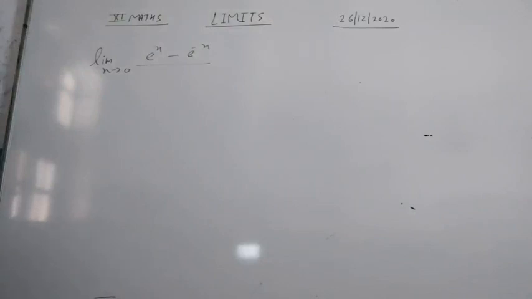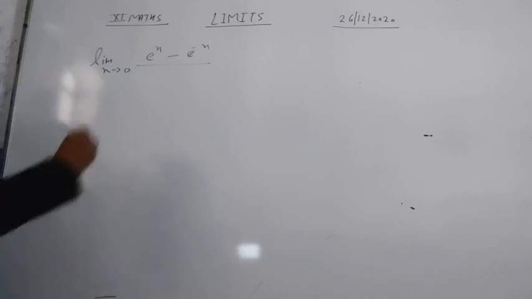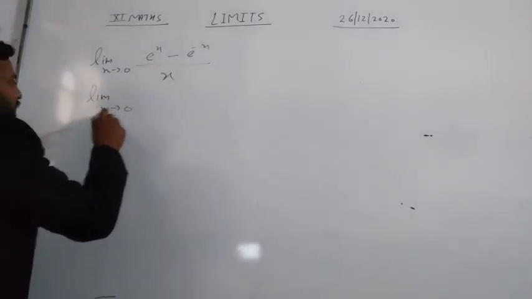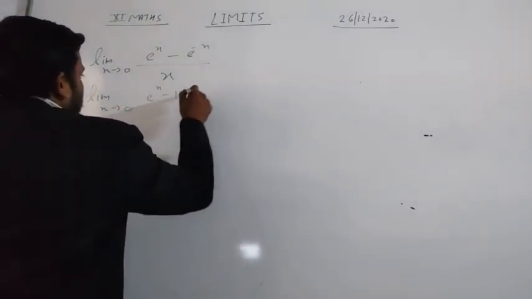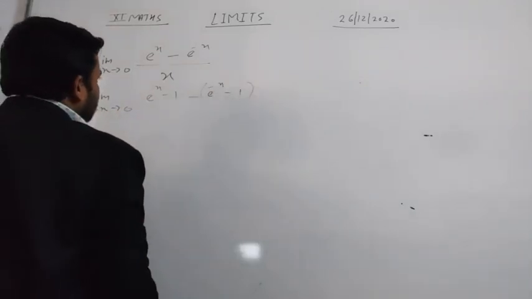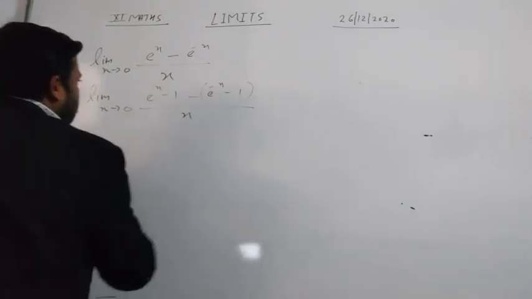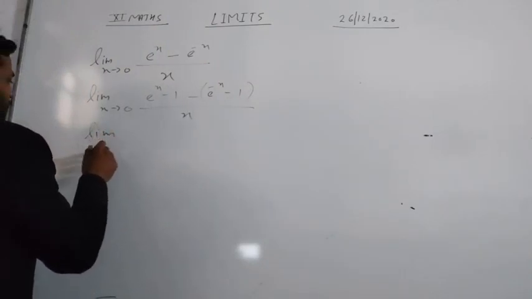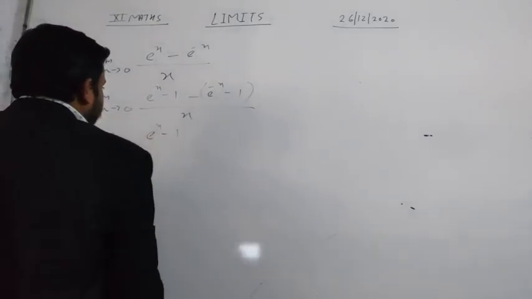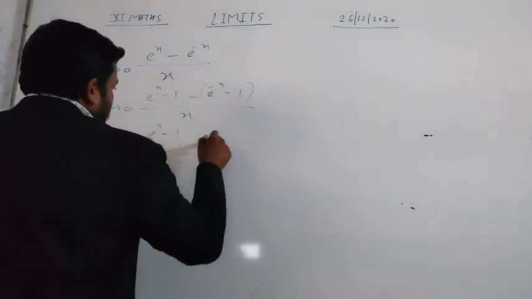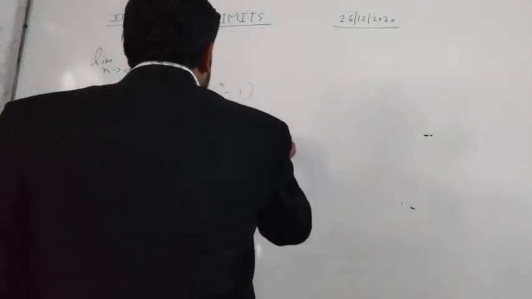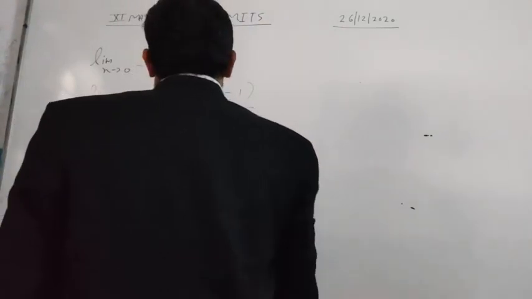Okay, student, this is our question. So then we will make this also (e to the power x minus 1 minus e to the power minus x minus 1) by x. So limit x tends to 0 (e to the power x minus 1) by x minus limit x tends to 0 (e to the power minus x minus 1) by x.